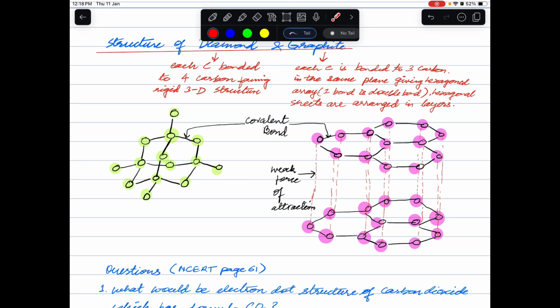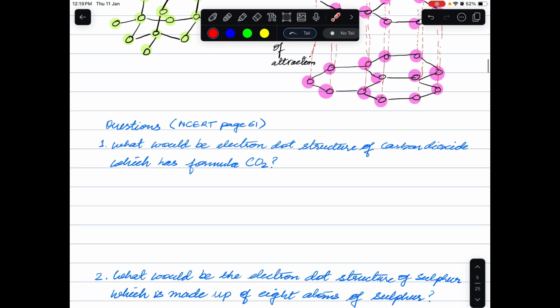One is the hardest known substance. The other is crystalline, but very soft, soapy to touch, and easily broken. Diamond is a bad conductor, while graphite is a very good conductor of electricity because of the availability of a free electron, the fourth electron on every carbon. Always remember, the fourth electron may form a double bond, but it is easily available on every carbon.